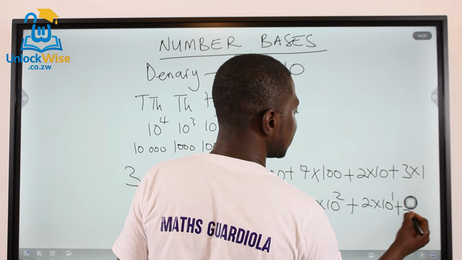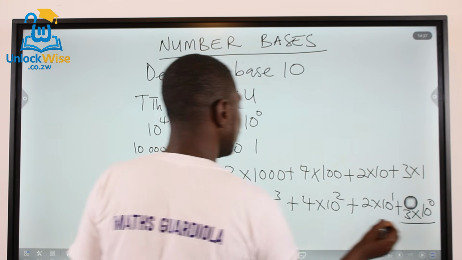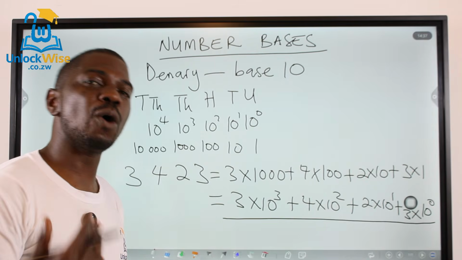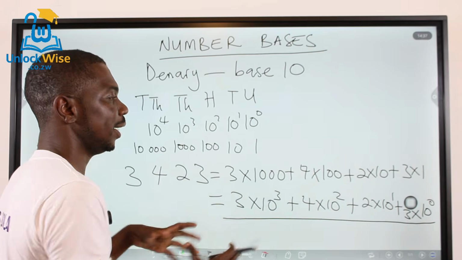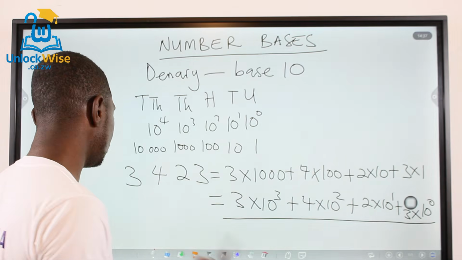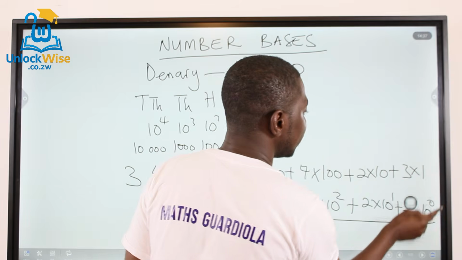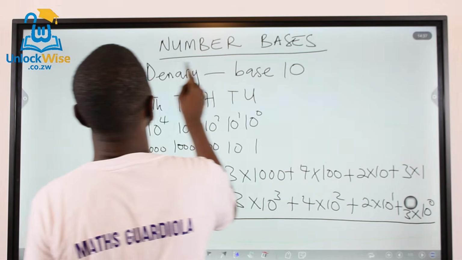And have this as 3 times 10 to the power 0. And we call this expanding a number in powers of its own base, right? This is expanding a number in powers of its own base, right? So maybe let's look at another example.